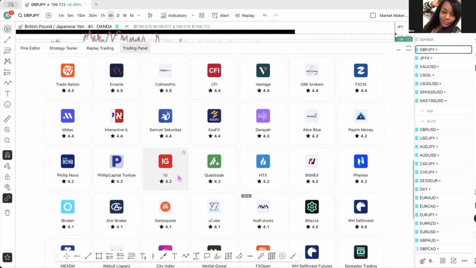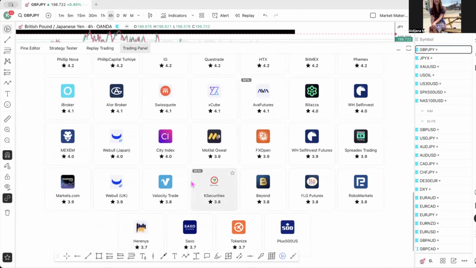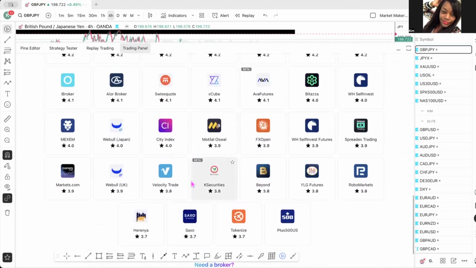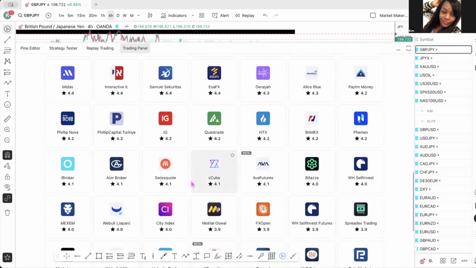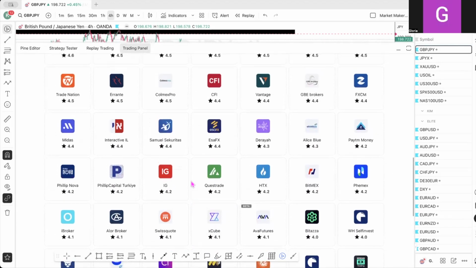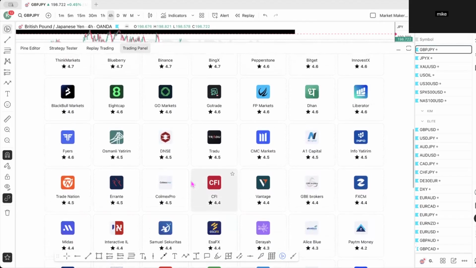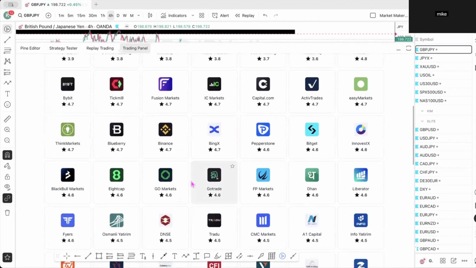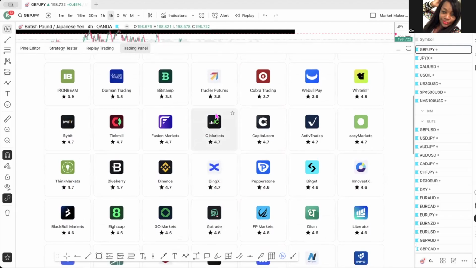So you have IG. You can trade on TradingView. Awesome. I thought IC was on here. Here it is, IC Markets.